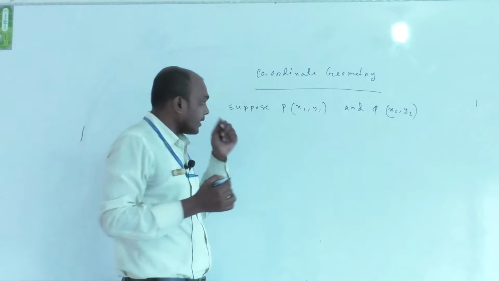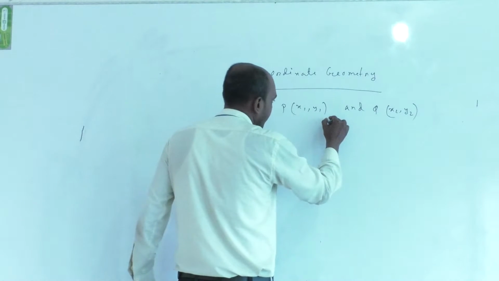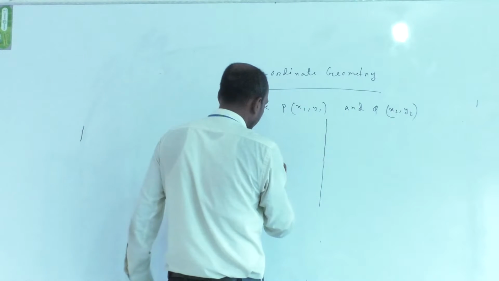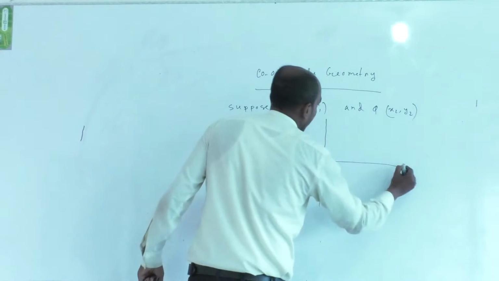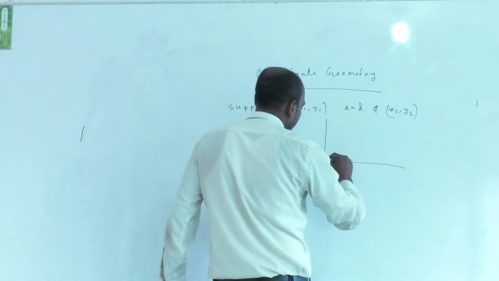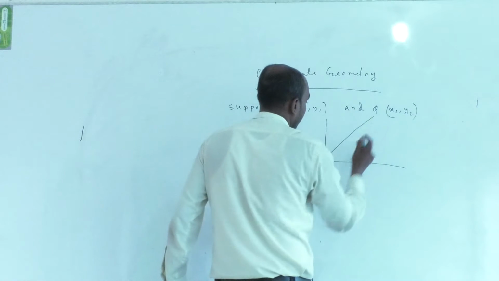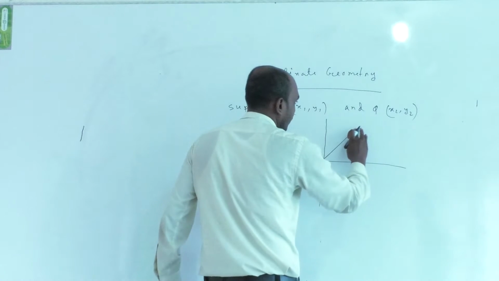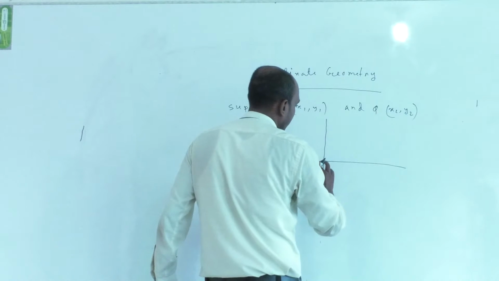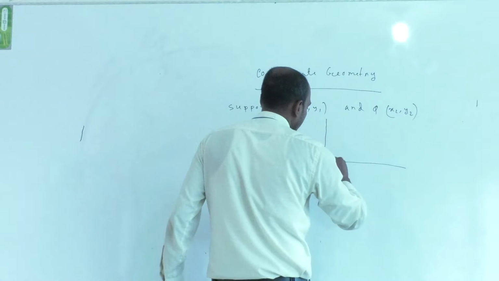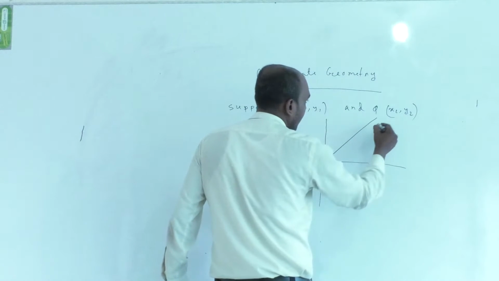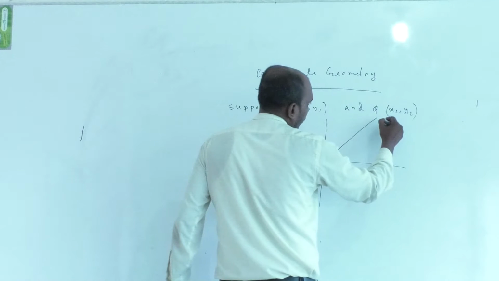Now see, here is the fourth quadrant system. Here is a straight line OM.